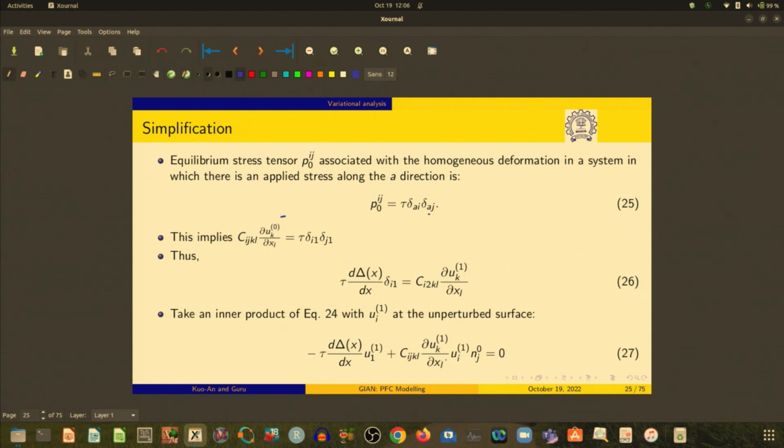Why are we doing this? You will see. So, it leads to some expression that I need. So, you take inner product of 24 with u1 1. What does this one mean? This one means in the summation this is the first term, that is what it means, first order term. You have this expression, and where we have also used this fact that if you have a homogeneous deformation, then there is a simpler way of writing this stress tensor in terms of the Kronecker deltas. So, that is what we have done here.